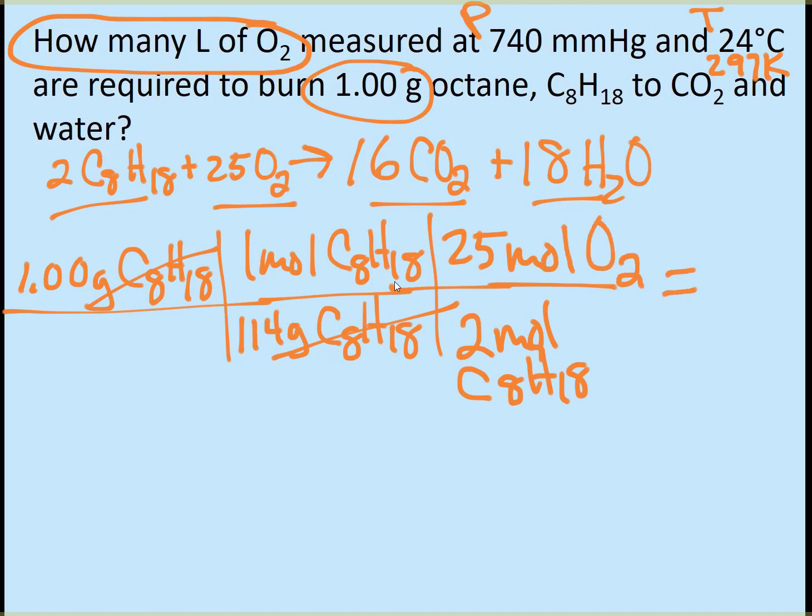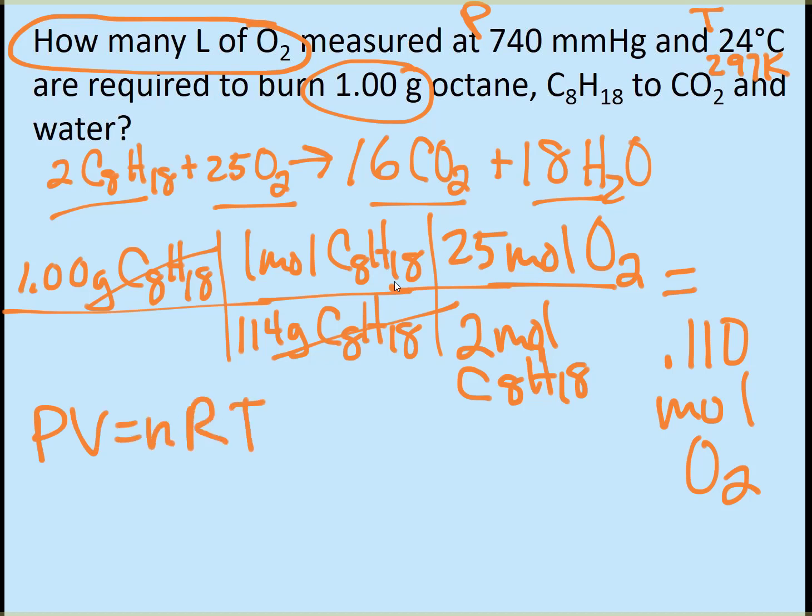And I end up with 0.110 moles of oxygen. Okay, now they gave me all this pressure and temperature data, so I know I can use PV = nRT. And it wants how many liters, so in other words, what's the volume?